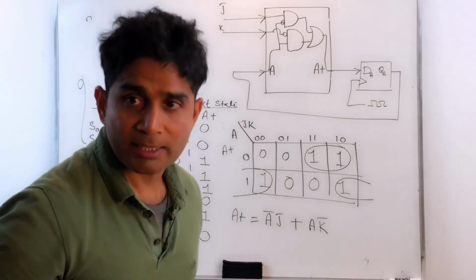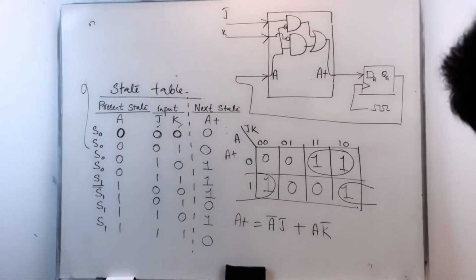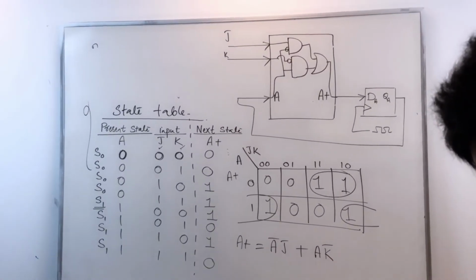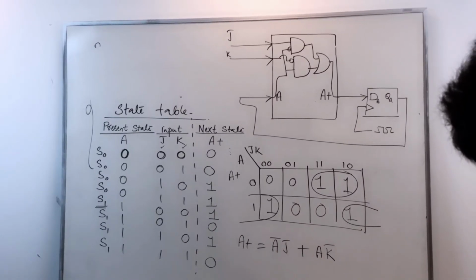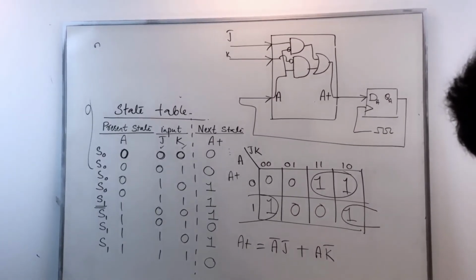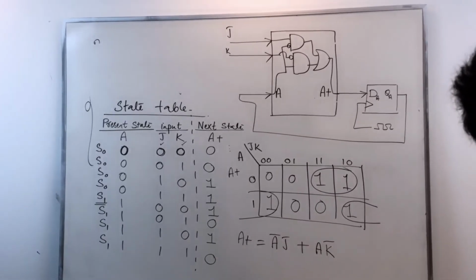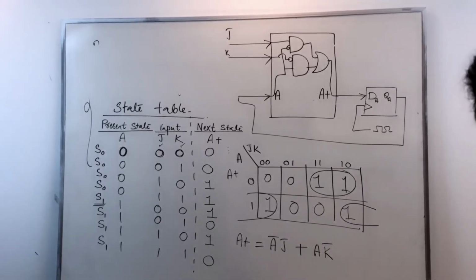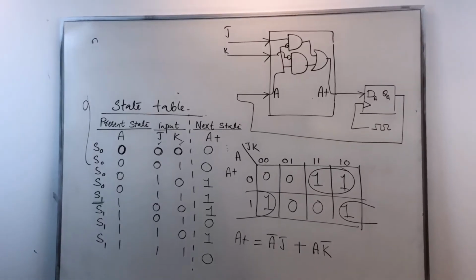Are you able to see that? There you go. I have A prime J plus A K prime. Those are the two inputs, J and K, and A, the present state, to the combinational block. I derived my A plus as a function of A, J and K. This is what I got.